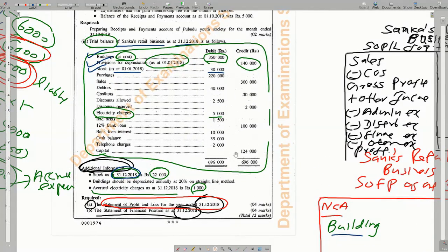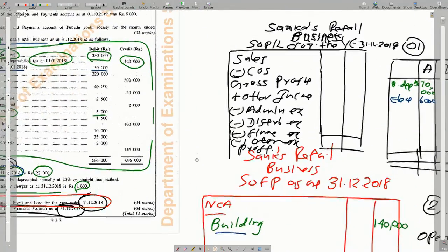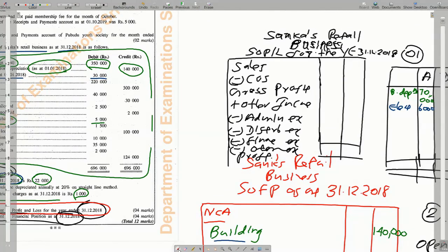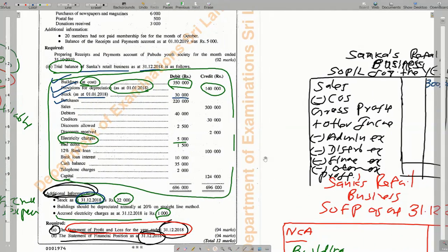Okay, purchases we have identified. Then sales. Sales we can find under the profit or loss statement. The sales amount is 300,000, coming under the profit or loss statement, so we can directly enter 300,000. Then sales we have identified.